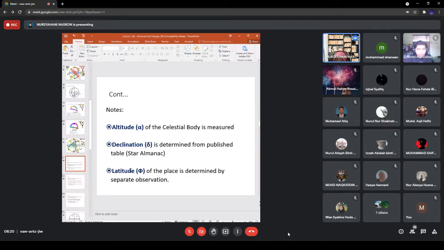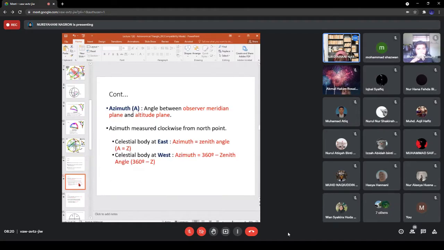Latitude is the latitude of the station, determined by observation. And lastly is azimuth, the angle between the observer's meridian plane and the altitude plane.